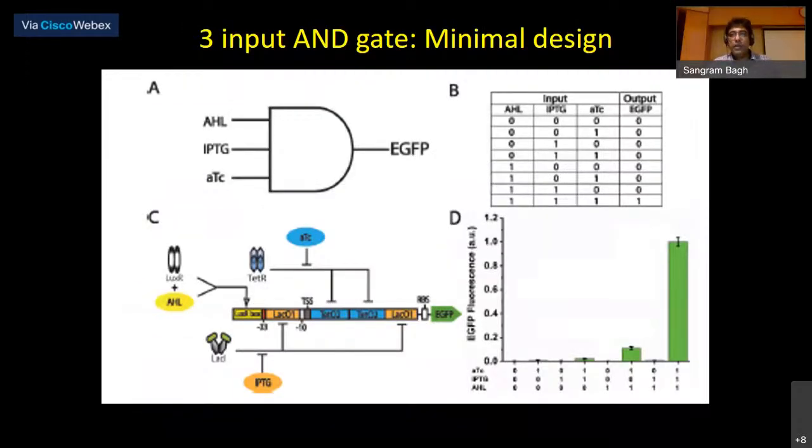Now, here is that 3-input AND gate. That is one part of our circuit that we showed, right? And this is the truth table of that.